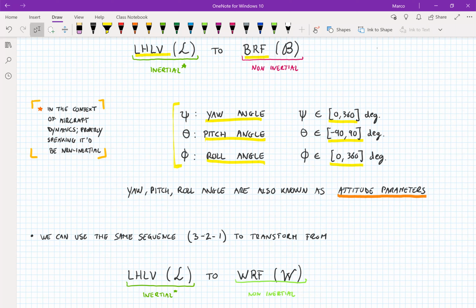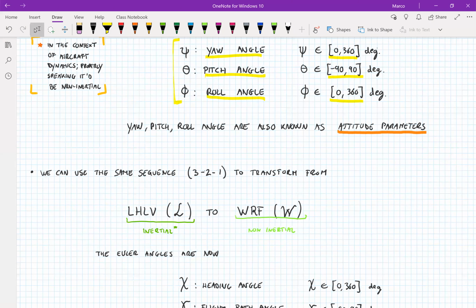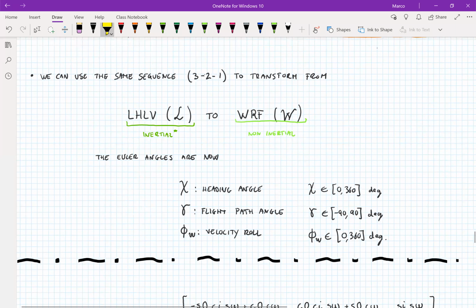Now, the same sequence 3-2-1 is also used to transform from the LHLV to the wind reference frame. The three angles are constructed the same way, but we're going from the same LHLV to another reference frame. So obviously the three angles are going to be different from yaw, pitch, and roll.